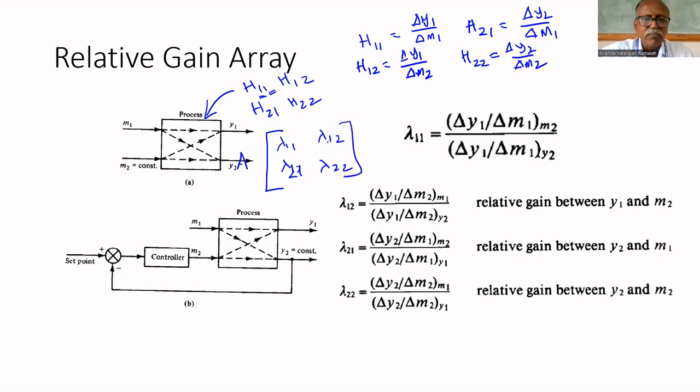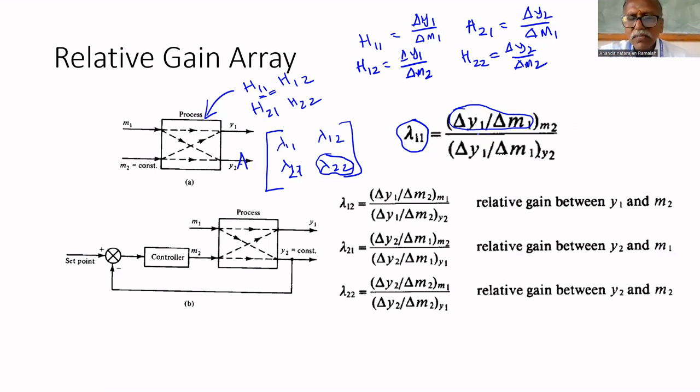The lambda 11, lambda 12, lambda 21, lambda 22 give the quantitative interaction among the loops. How to find lambda 11? Lambda 11 is the ratio between two quantities. The first quantity is change in Y1 with respect to change in M1, keeping M2 constant.